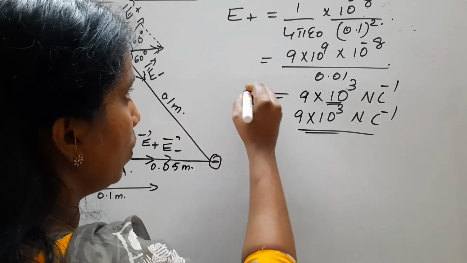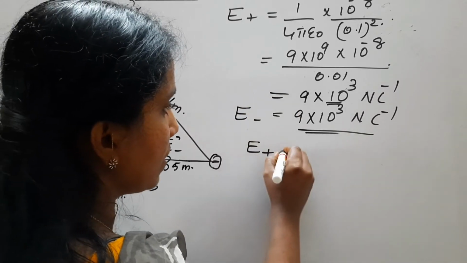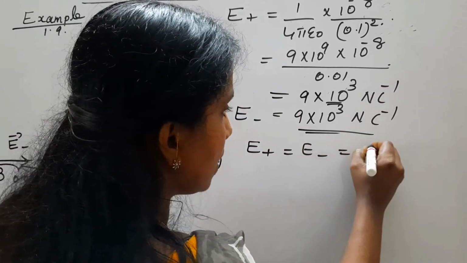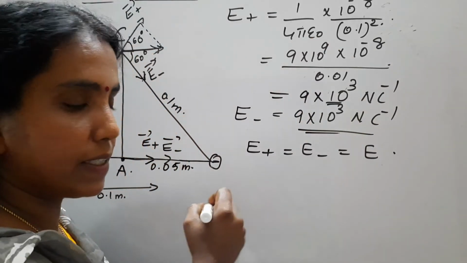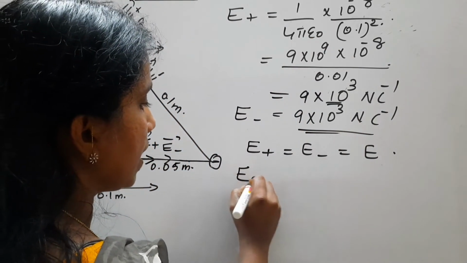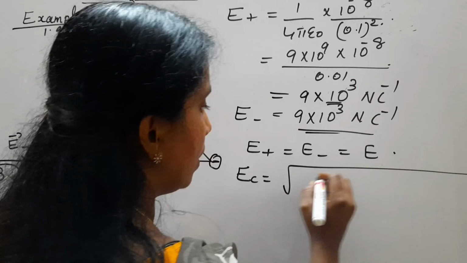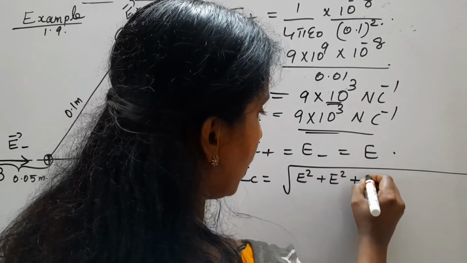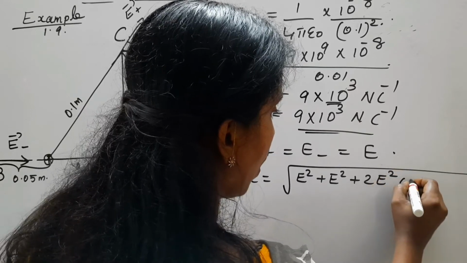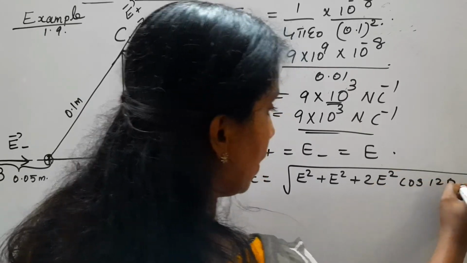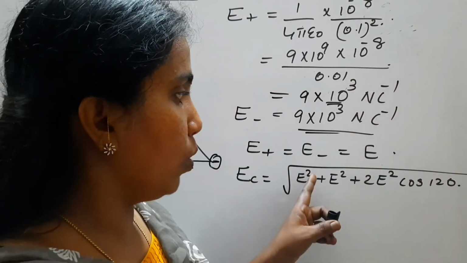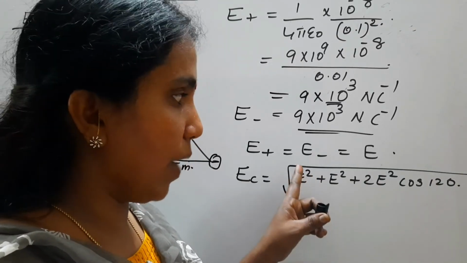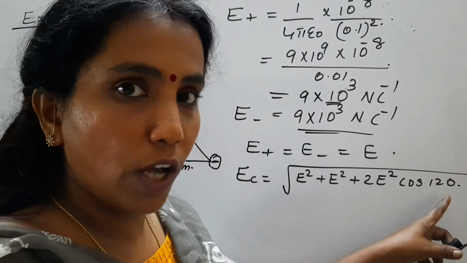In the parallelogram law we will write E plus is equal to E minus is equal to E, since both are same. So EC is equal to root of E square plus E square plus 2E square cos 120, because it is actually root of A square plus B square plus 2AB cos theta.